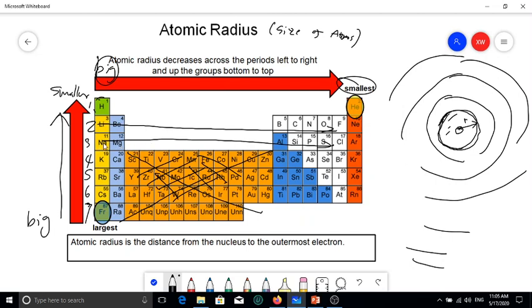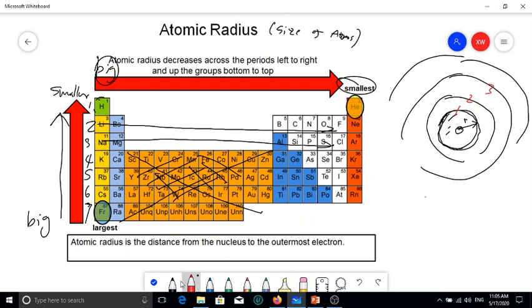For instance, starting from number 11, 12, sodium, magnesium, aluminum, on the third period, all of these atoms have 3 layers of electrons. 1, 2, 3. Everybody has 3 layers of electrons.